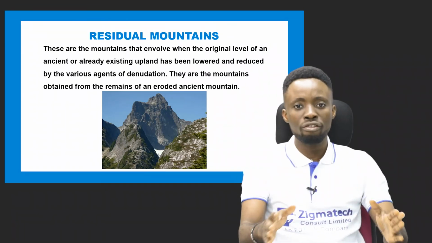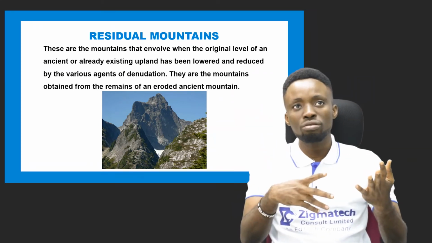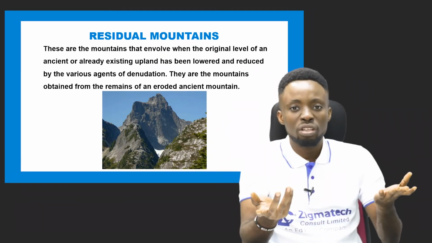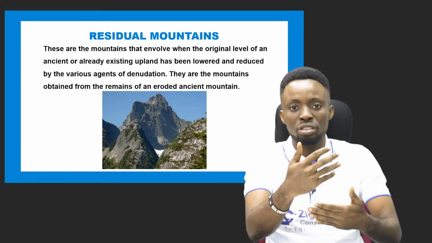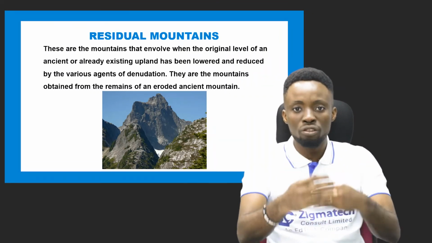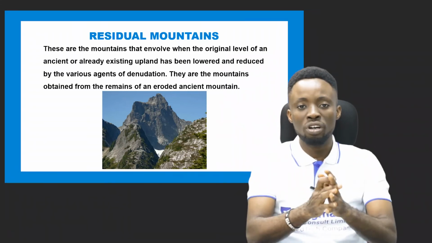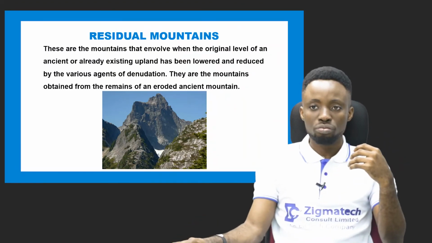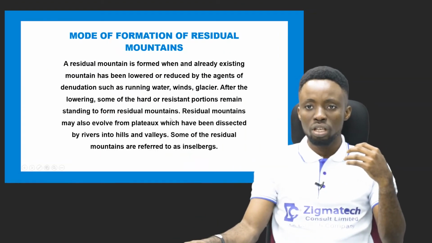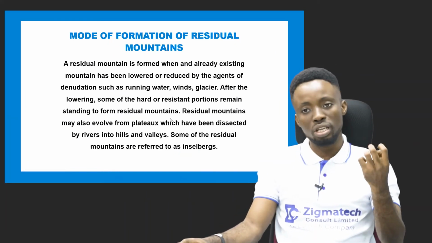And we can as well call residual mountains mountains of denudation. So we can have a very big block mountain, and after a period of, let's say, 100 to 300 years, after a series of erosion and weathering, we end up having a leftover or a residual type of mountain. So let's look at how the residual mountains are formed.